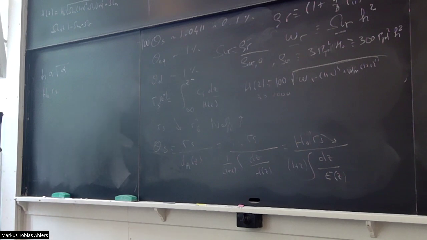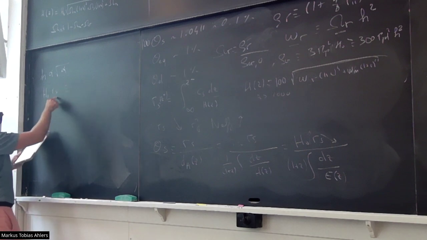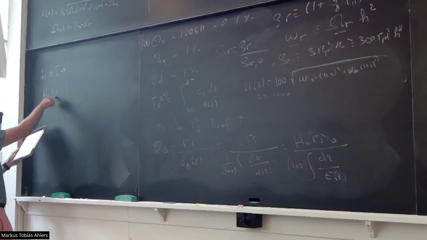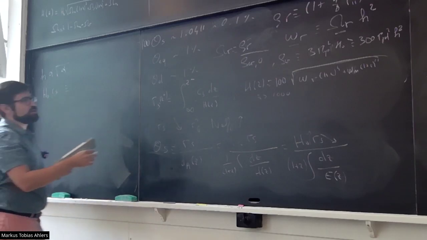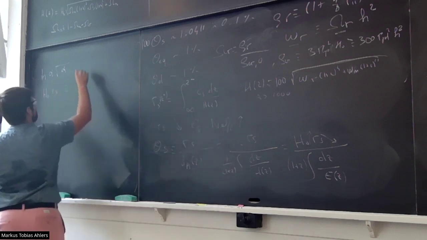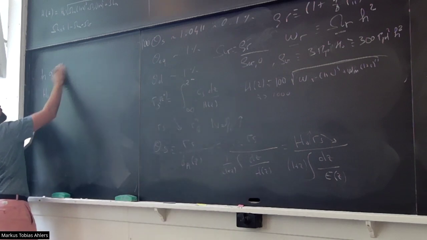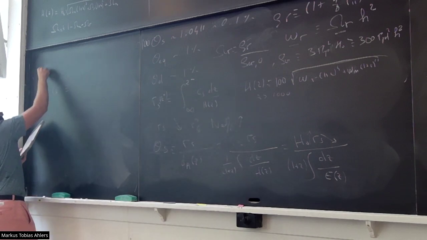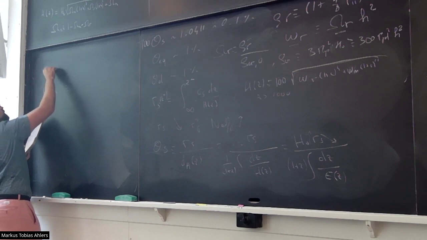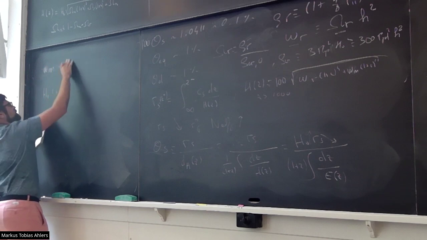I'm getting lost. Sorry, my notes are not good enough. So what I want to say is that this stays constant because you have the same, yeah, in the sound horizon here. Sorry, let me go one step further. Omega matter is proportional to square root of alpha.